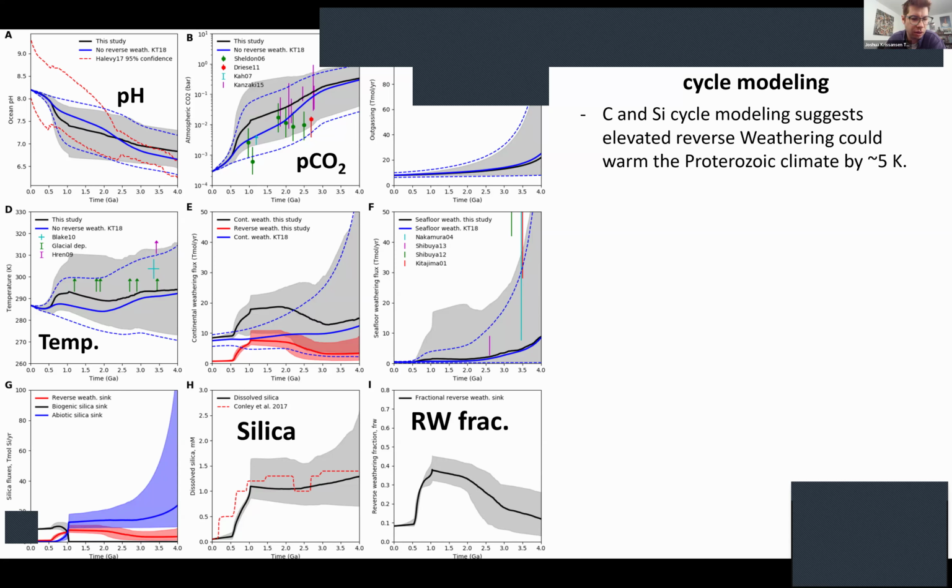But yes, if you argue that this shouldn't only occur until the Phanerozoic, then it does slightly change your climate evolution story, and you get warmer temperatures later into the Neoproterozoic, which may be more difficult to reconcile with what we know about the Earth's climate evolution. So that's a good point.